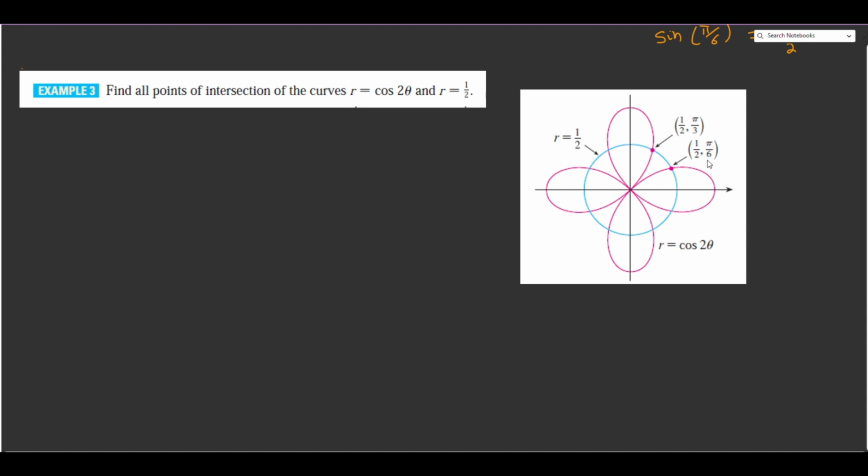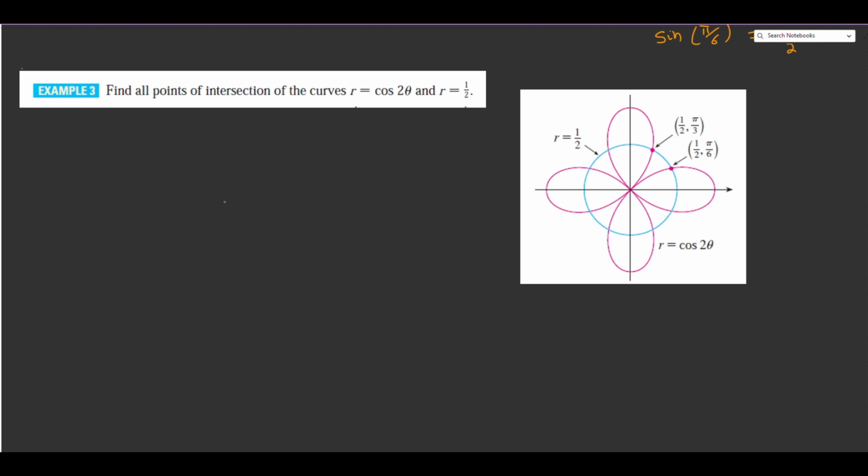The value of r will be fixed; the only thing that will vary is the angles. Then again we have 2 points in the second quadrant, and 2 points in the third quadrant. So in total there are 8 points of intersection. We need to find all of these points of intersection.